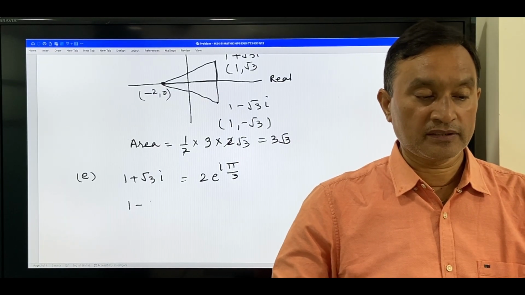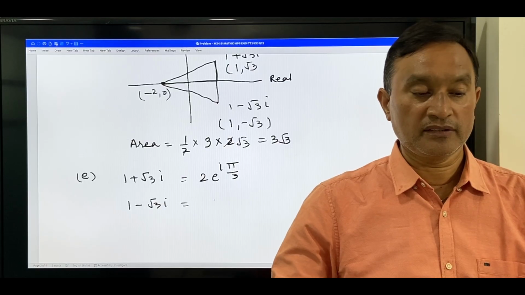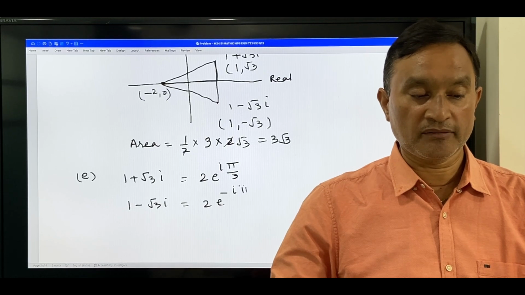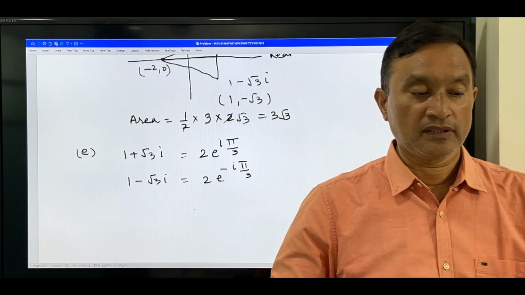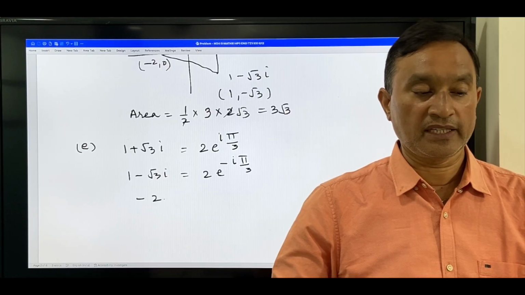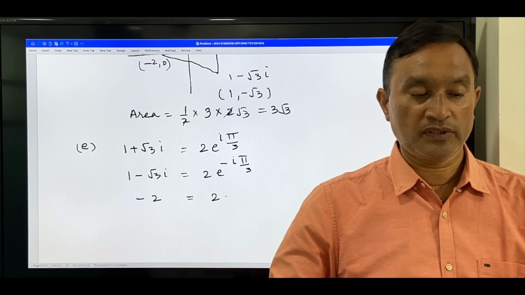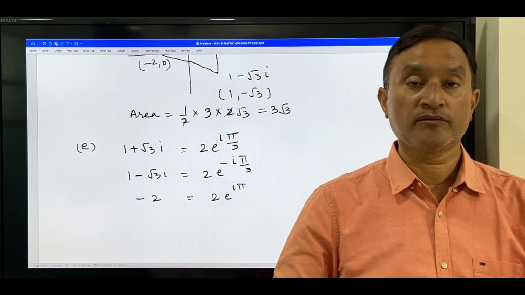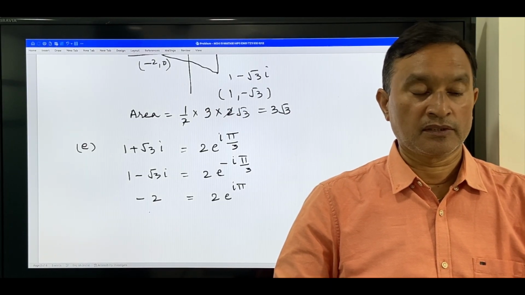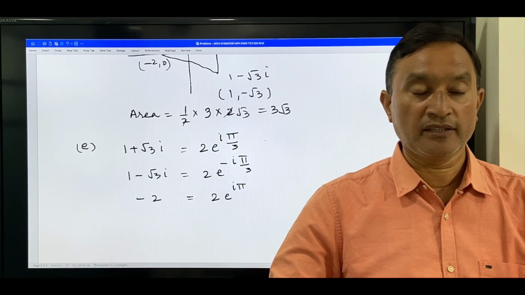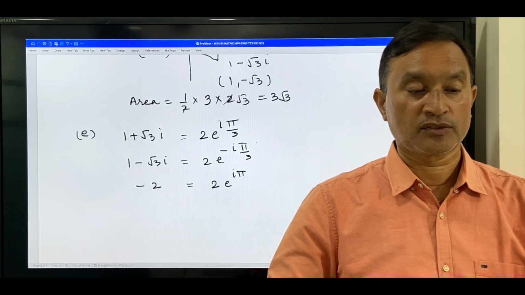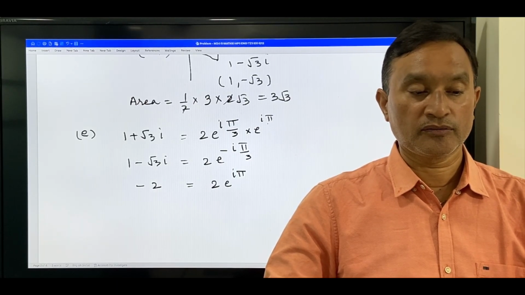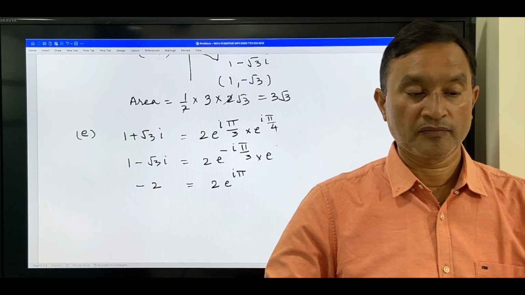Another, 1 minus root 3i, would be 2 into e to the power minus i pi by 3, and minus 2 would be 2 e to the power i pi, as we have only the real number. Now this is rotated by pi by 4, so we will multiply here e to the power i pi by 4.